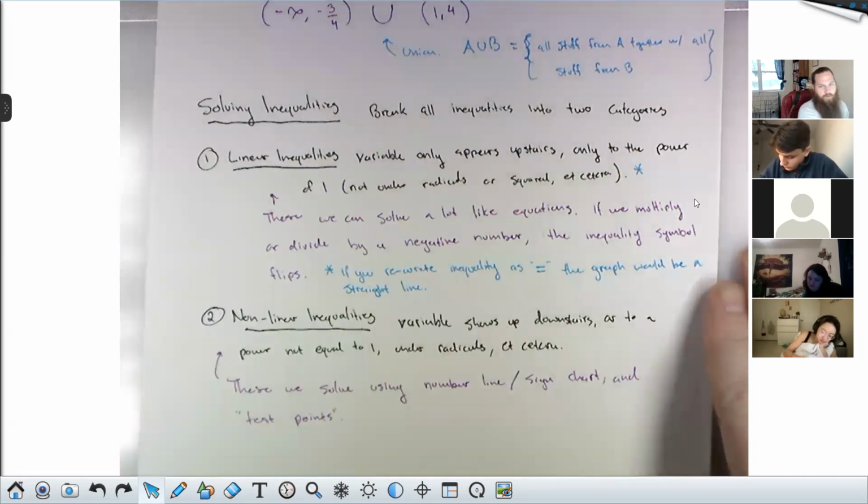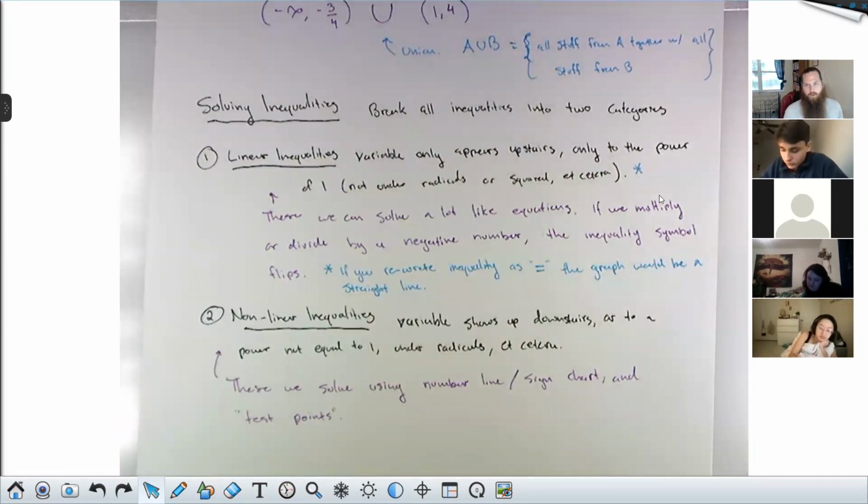We technically haven't talked about graphs yet, so I'm not trying to pull one over on you, but I know everybody in this class knows what a linear function looks like. You've all seen that somewhere in your past. So if you're having trouble figuring out whether an inequality is linear or nonlinear based on the strict definition, you can always just imagine replacing the less than or greater than or equal to with an equal to. And if that thing would have a graph which is a straight line, the inequality you're looking at is a linear one. That's one of the meanings of the word linear.